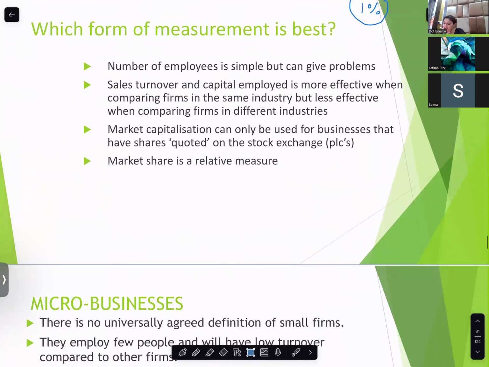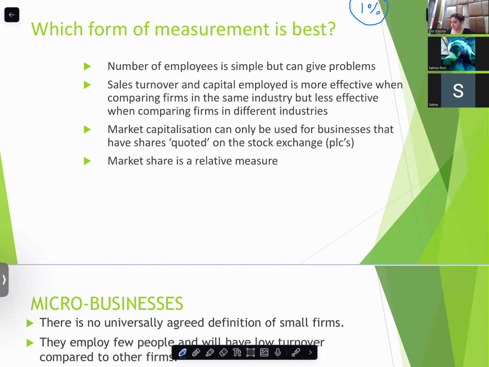Which form of measurement is the best? Number of employees is simple, but it can give you problems. Your sales and the money that you have put into the business, this is more effective if you want to compare your firm with another firm in the same industry.